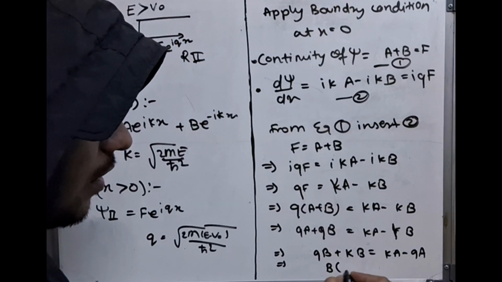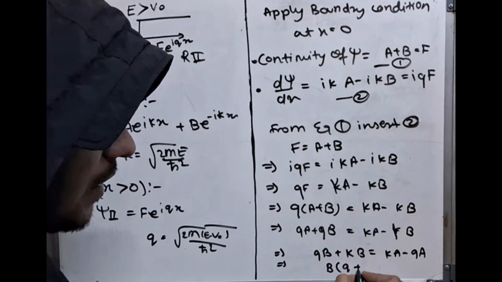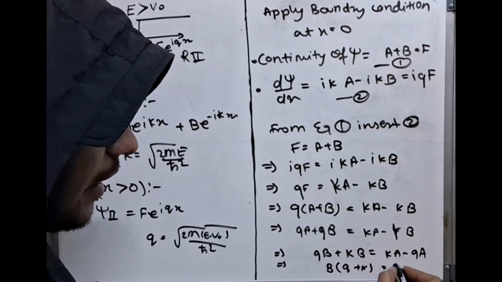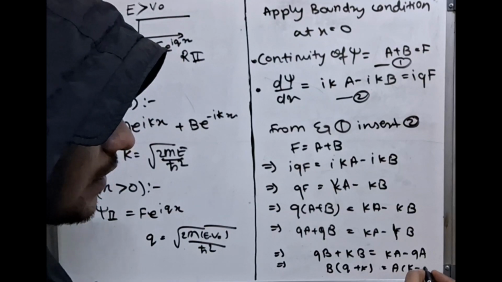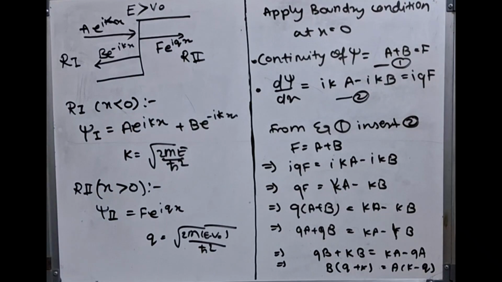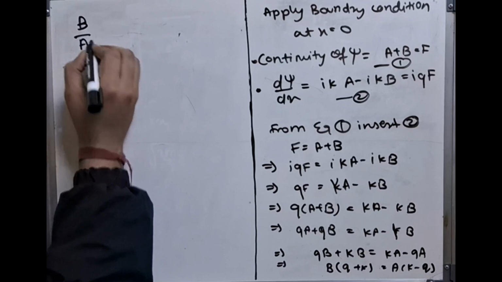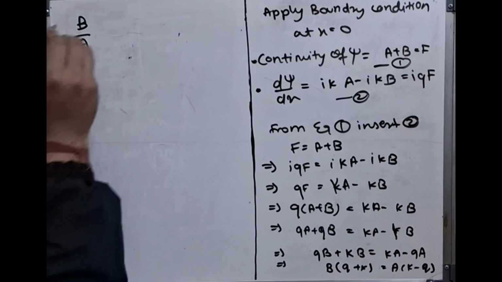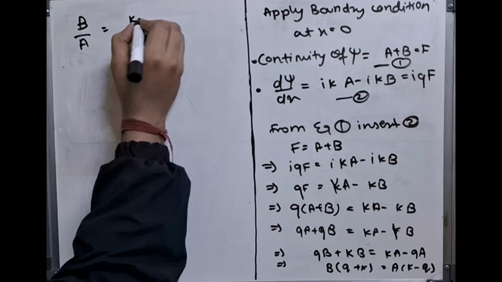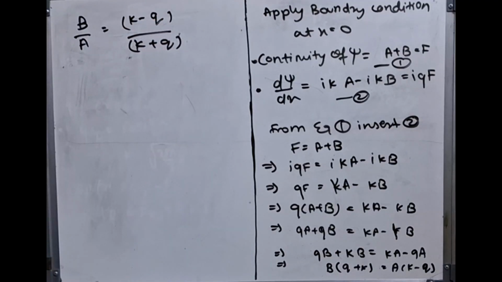So we get B(Q plus K) and our A is common, so A(K minus Q). Perfect. Now from this we can construct the further equation. We can say B upon A is (K minus Q) upon (K plus Q). So we got this equation now.